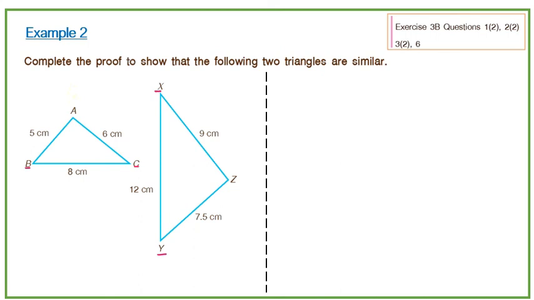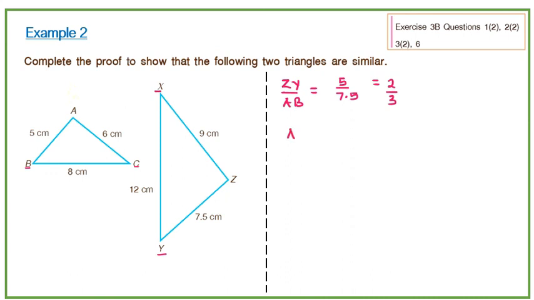So, we have ZY out of AB. So that will be 5 out of 7.5. And this will give us 2 out of 3.